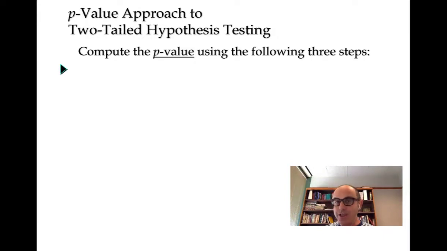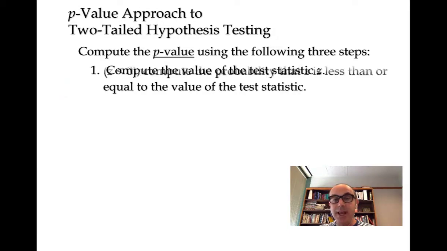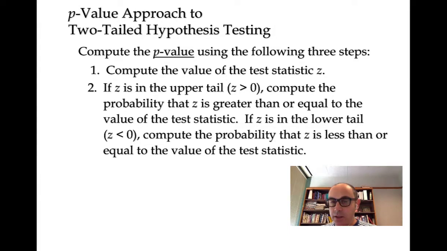So in the two-tail hypothesis, we compute the p-value using 3 steps. Step 1, compute the value of the test statistic z. Step 2, if z is in the upper tail, we compute the probability that z is greater than or equal to the value of the test statistic.